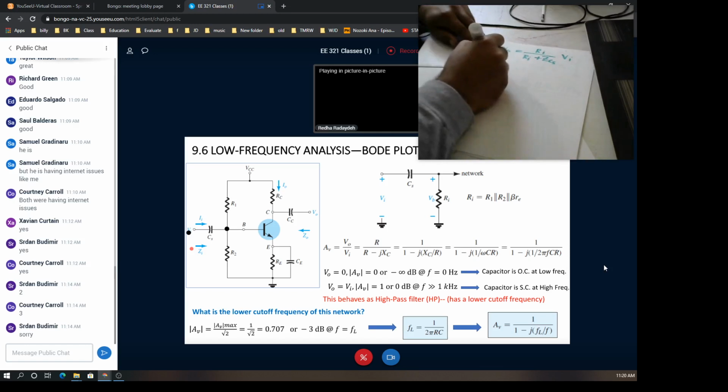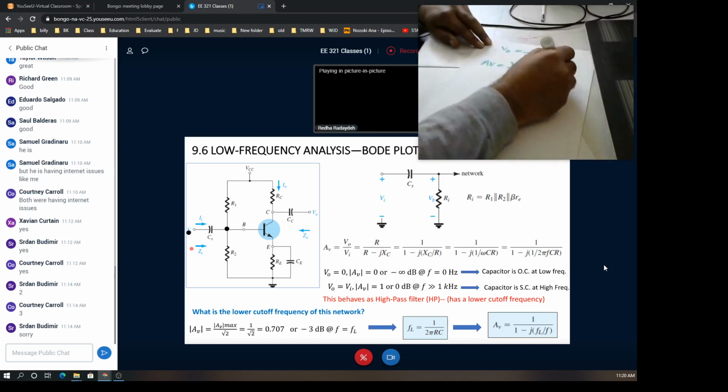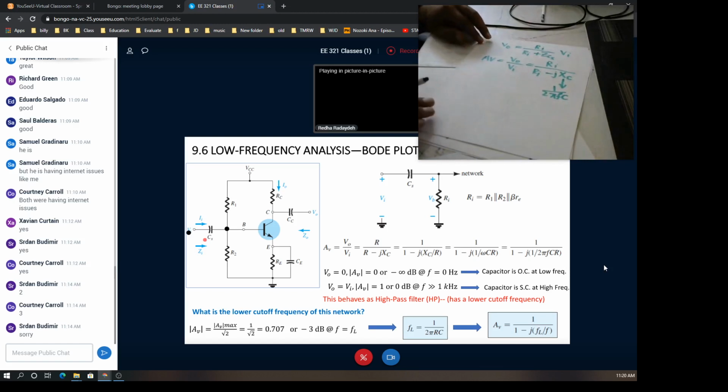Now the voltage gain of this network would be defined as Vo divided by Vin, equal to R input divided by R input minus j times XC, which is the reactance of the capacitor, whose value is 1 over 2 pi f times the capacitance value.